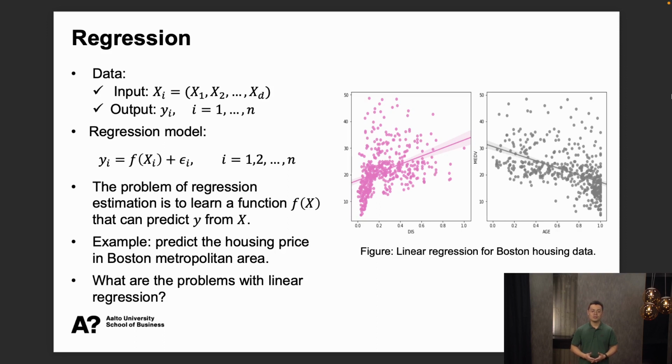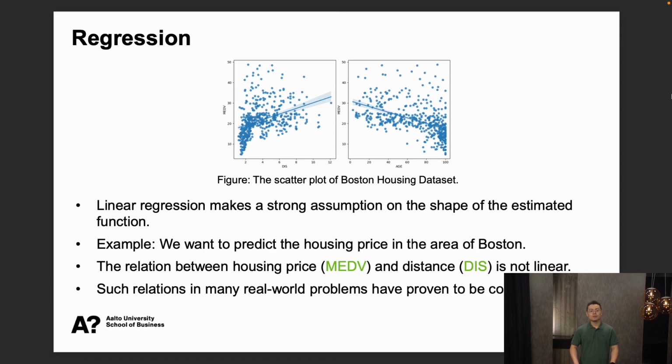But what are the problems with the linear regression? Well, linear regression makes a very strong assumption on the shape of the estimated function, which must be linear. In the example, we want to predict the housing price in the area of Boston.